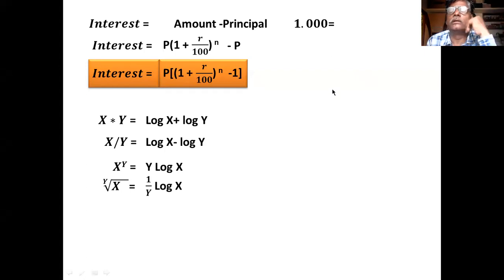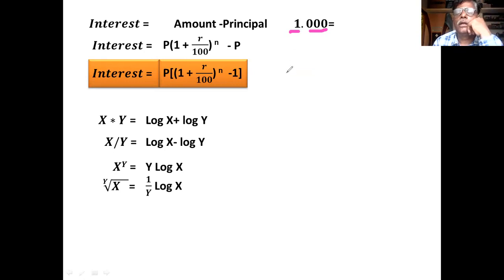What is the characteristic here? How many digits are there before the decimal point? There are 3 zeros after the decimal point.